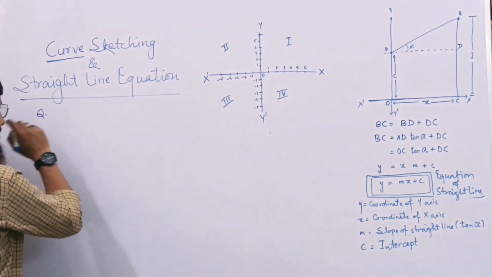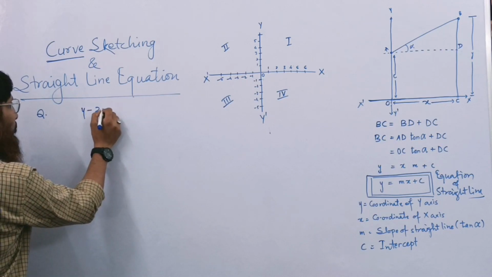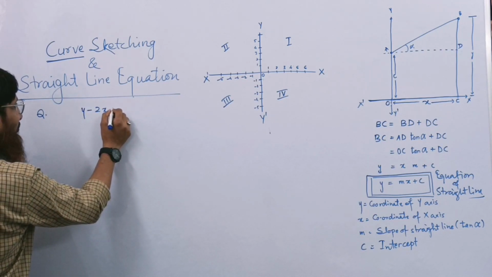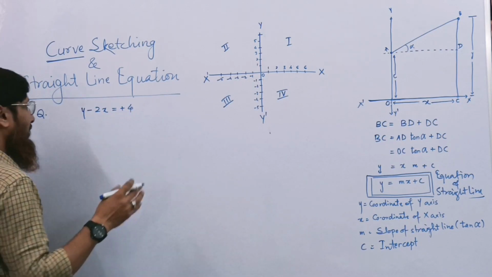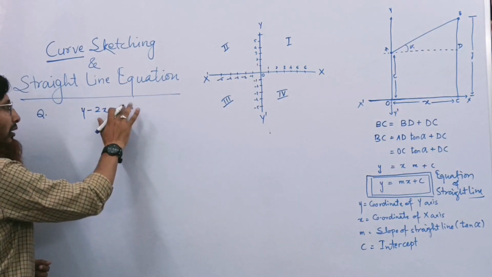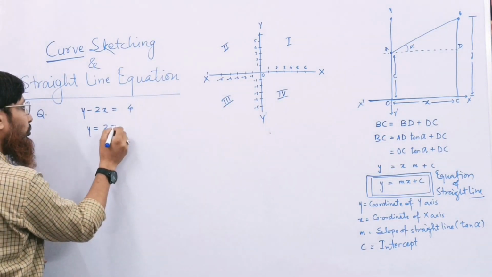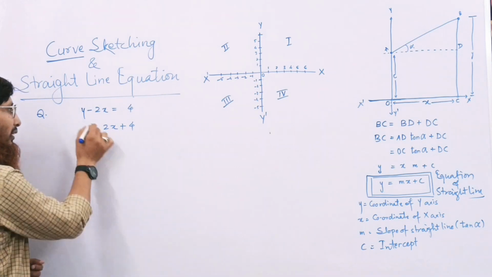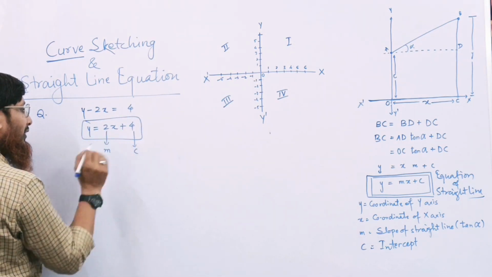The question is, the given straight line was y equals to minus 2x plus 4. Like the question is this. So we just have to convert this formula into the straight line equation. So y equals to minus 2x plus 4. This would be the straight line equation where this resembles m and this would be the c.